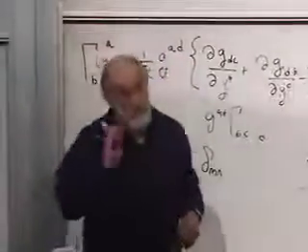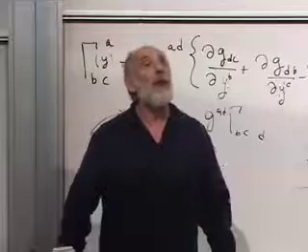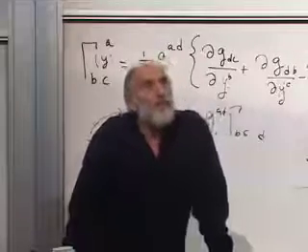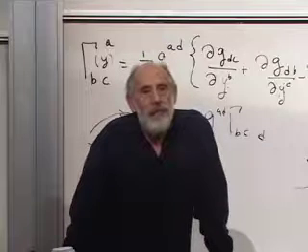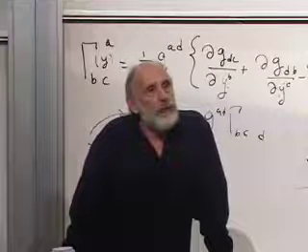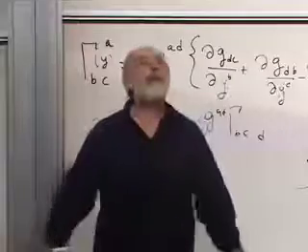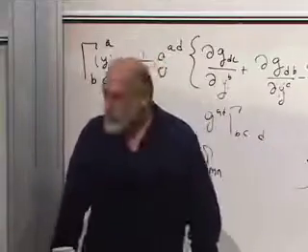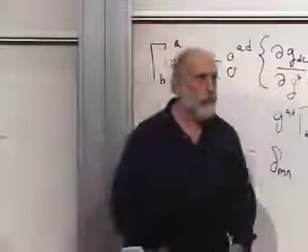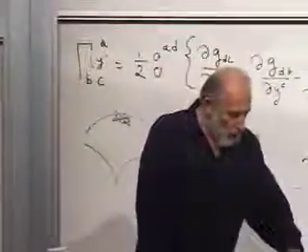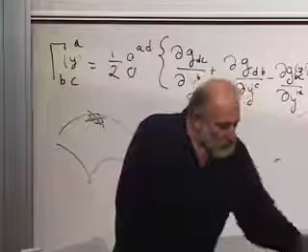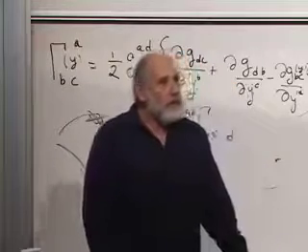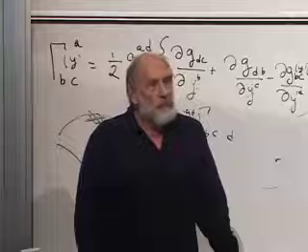Yeah? Is the term exterior derivative the same as covariant? Exterior derivative, yeah. Completely different thing. It is a kind of derivative for sure, but the exterior derivative is a tensor.